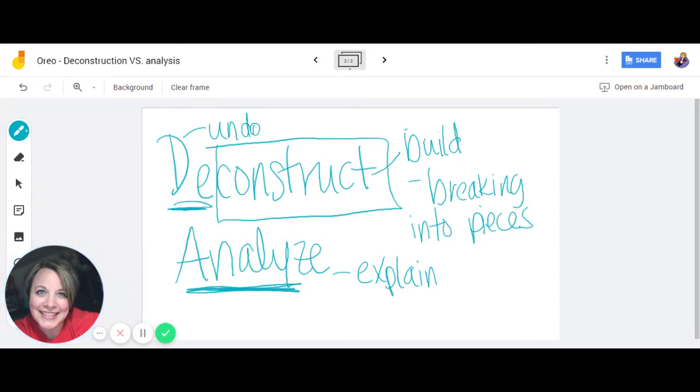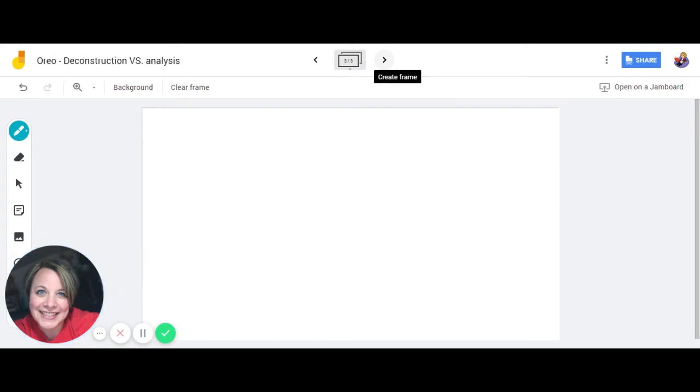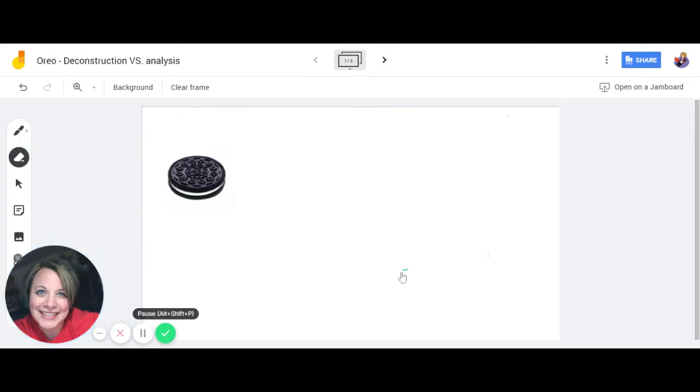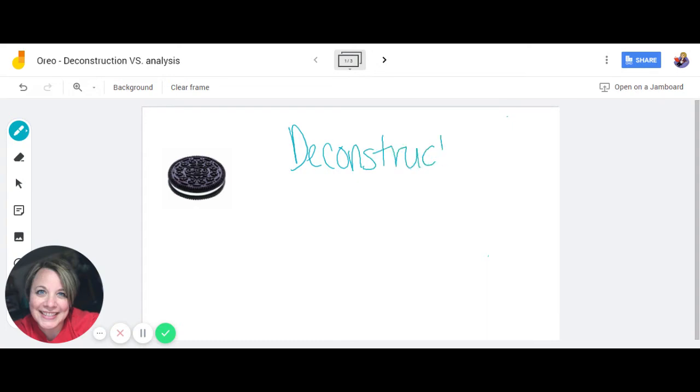And remember, with close reading, we're really looking deeply at a story to gain understanding, okay? It's not something that we're going to read and forget. It's really all about gaining a deeper understanding about the story, all right? So if I am looking at this Oreo cookie here, and I say that we're going to deconstruct the Oreo cookie, okay?